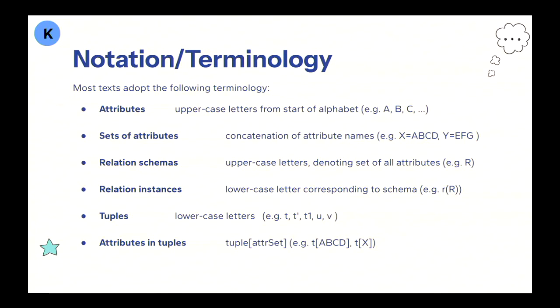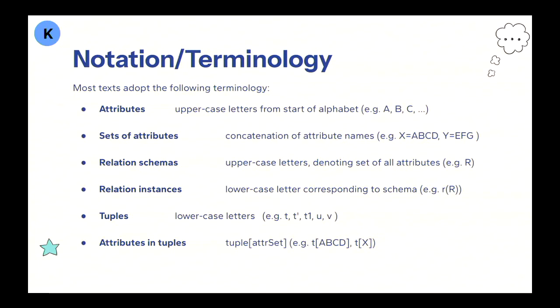For relation instances, we use the lowercase letter corresponding to the schema. In this case, we use r followed by parentheses and uppercase R as the instance of a particular relation. For tuples, we use lowercase letters, for example t, t prime, t1, u, and v.